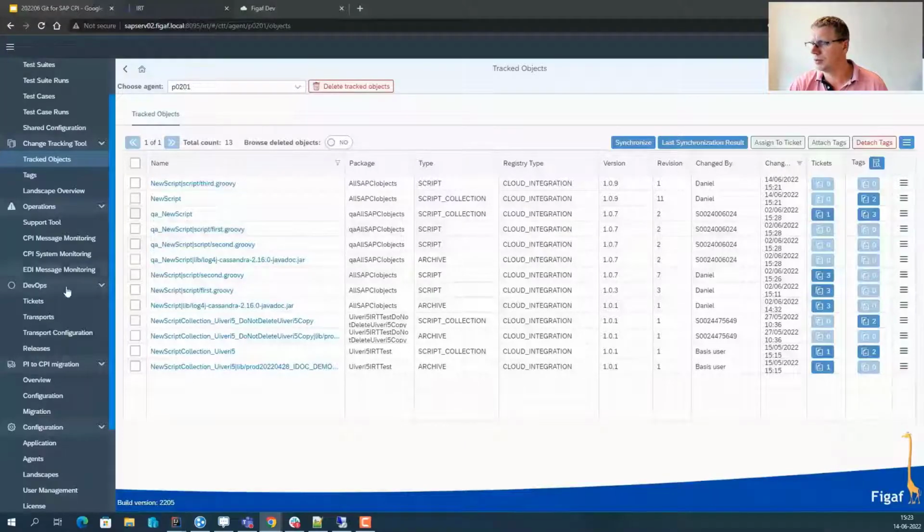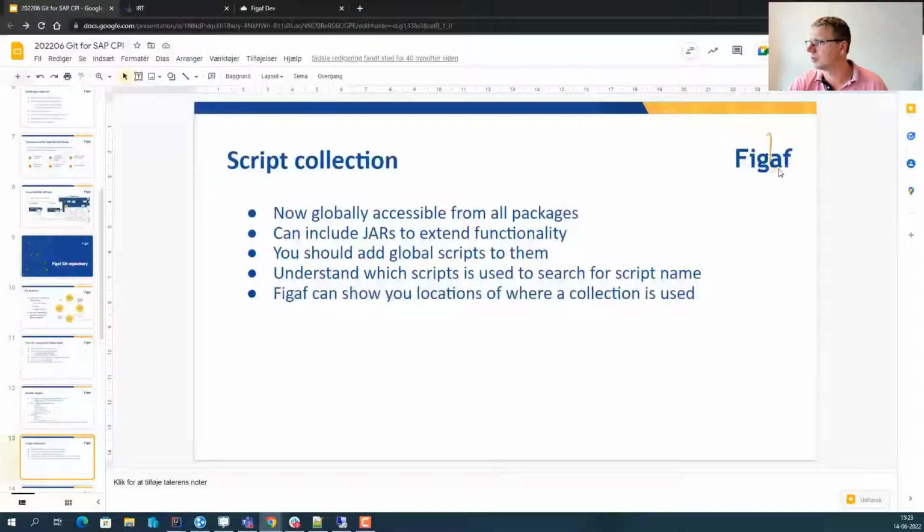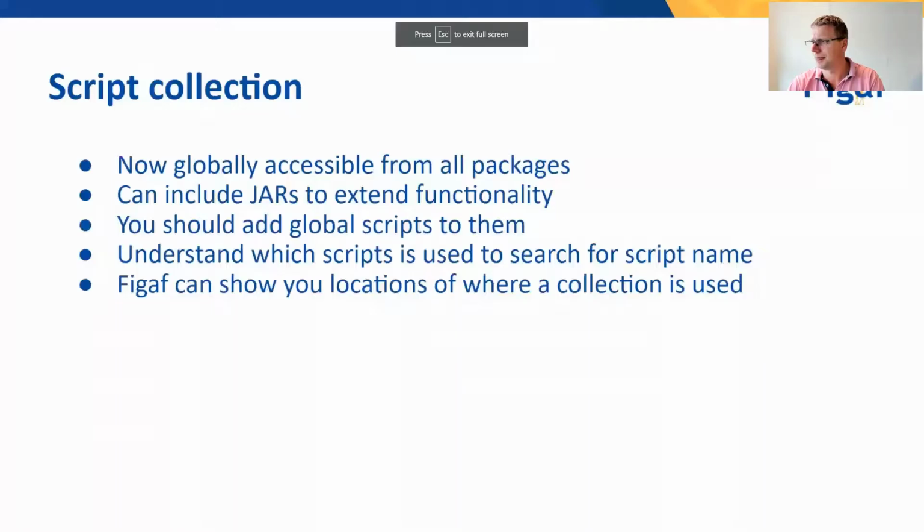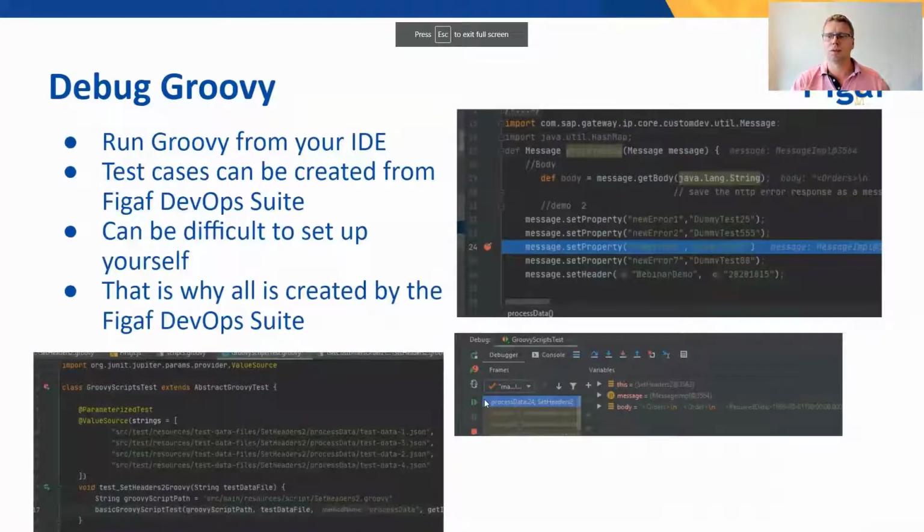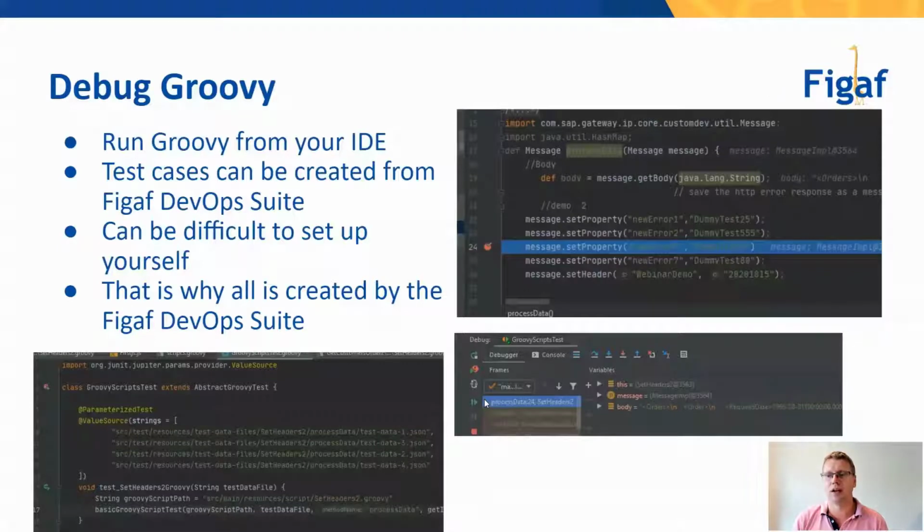What we can then do is, let's go back here to the presentation. For some scenarios, if we have created a test case, we would actually be able to create automatic unit tests that we can run on our CPI system. So that means that you, as a user, do not need to do much with it.